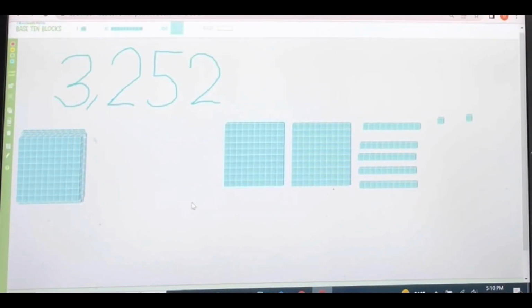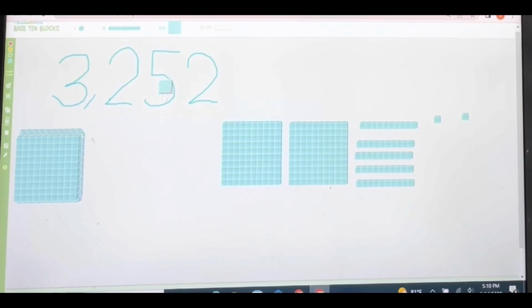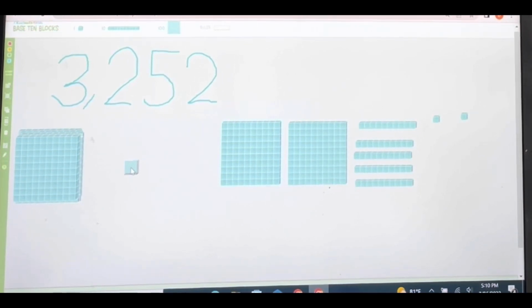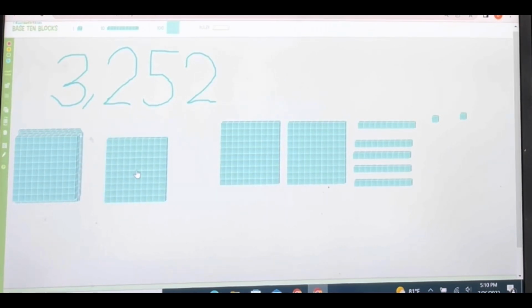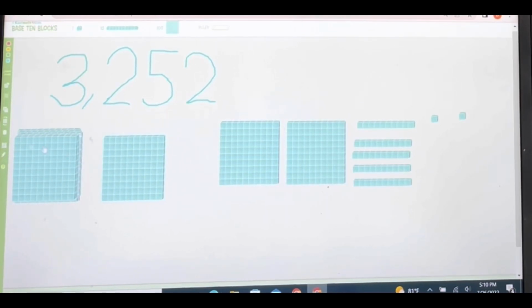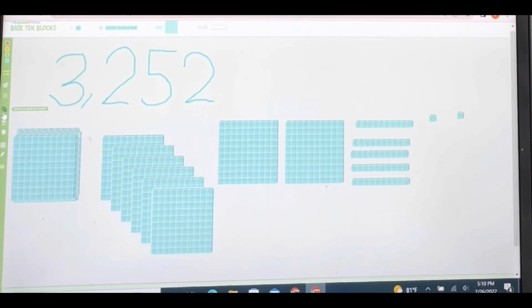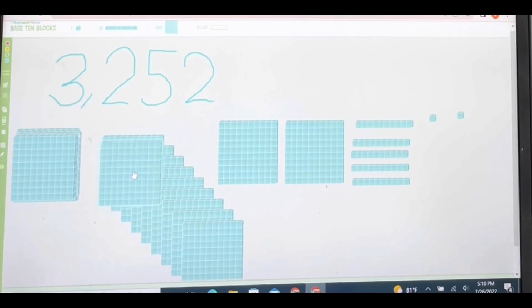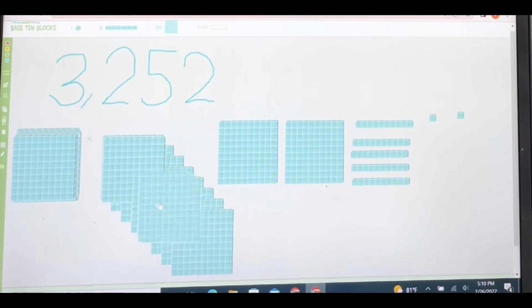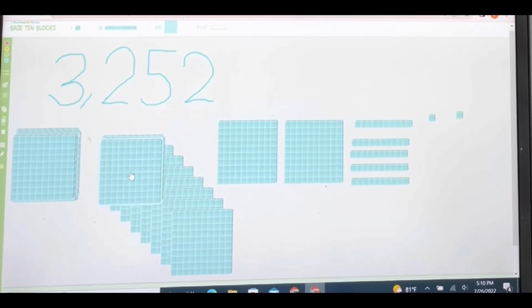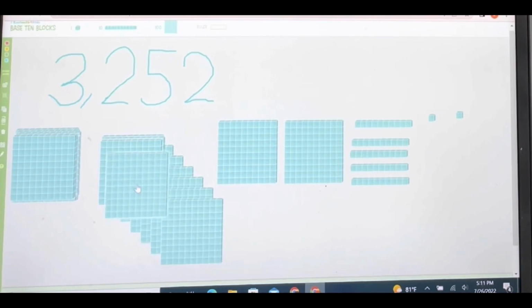All right, so we have our first 1,000 block. Now I'm going to make a second 1,000 block right here. Remember, 10 hundreds blocks is equal to a 1,000 block.